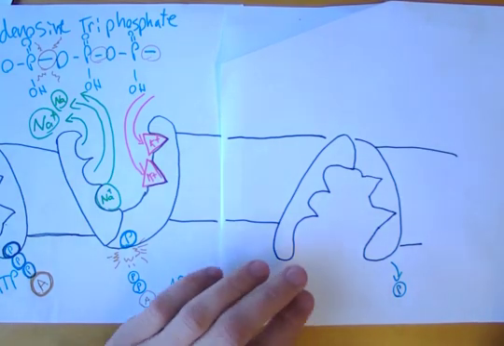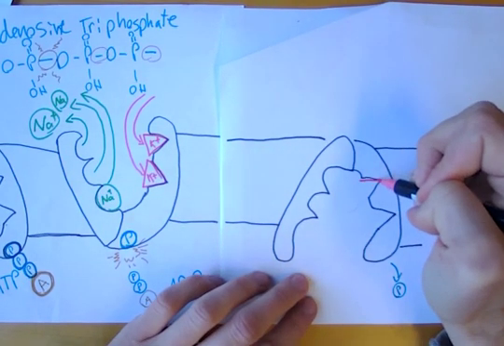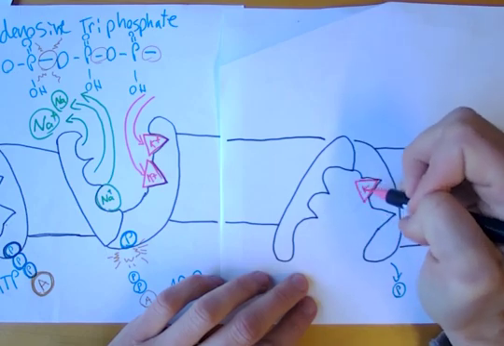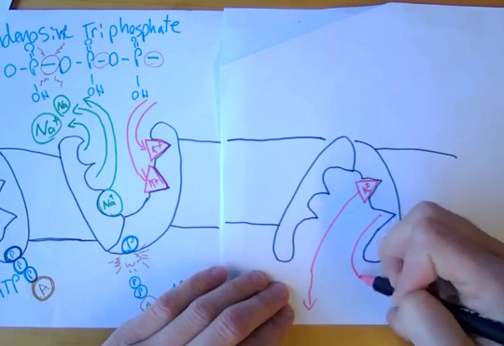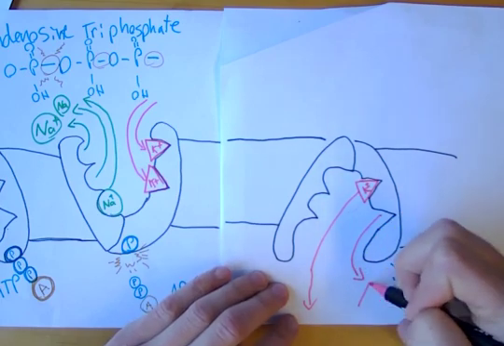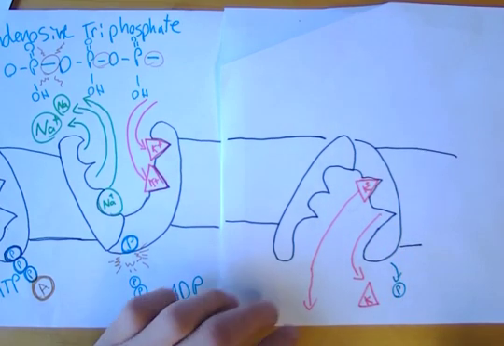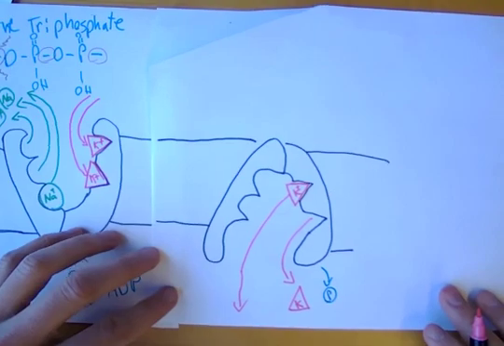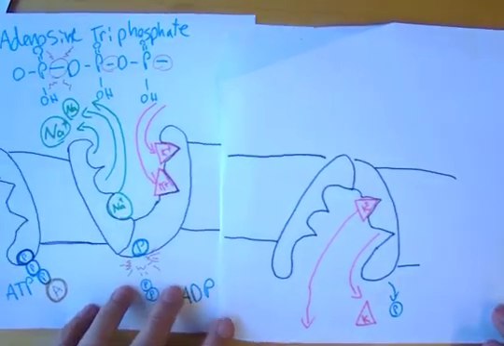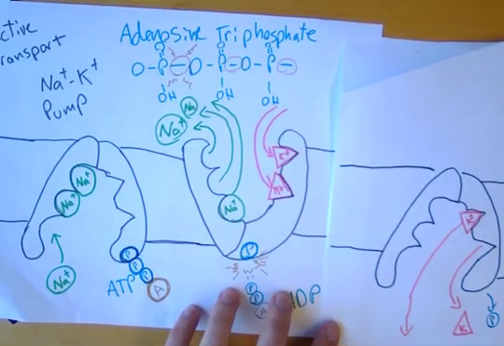And remember, we bound some potassium, and that change in conformation sort of boots out our potassium into the intracellular space.